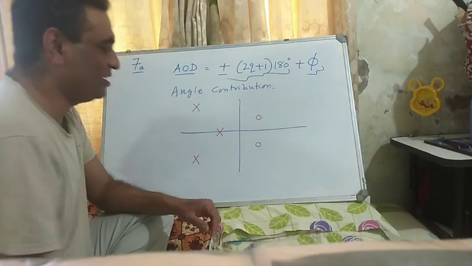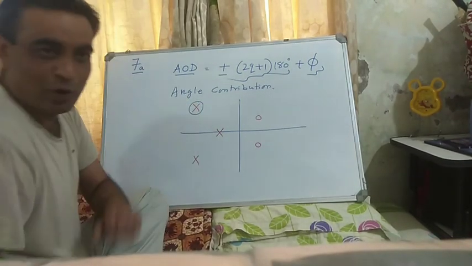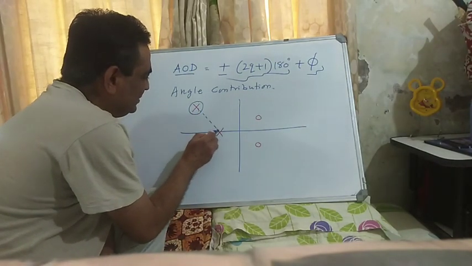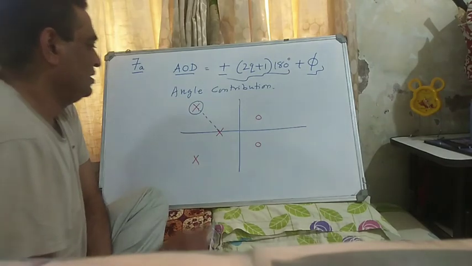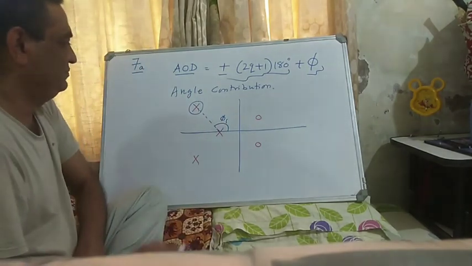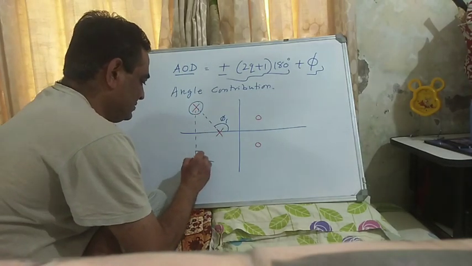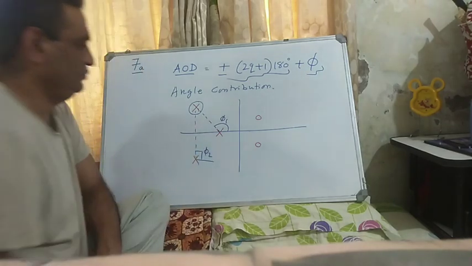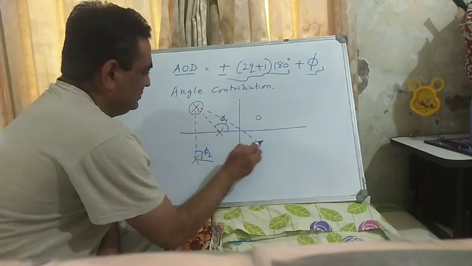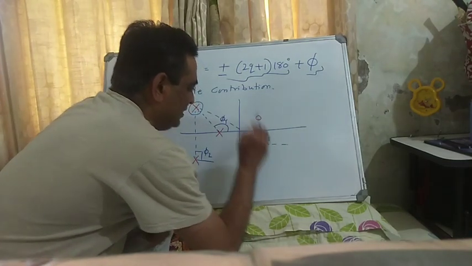Now let us understand the angle contributions. So this is that particular pole. Now I will draw a line from it. So this is the angle, let's say this is phi 1. Then this is phi 2. Then this is phi 3.